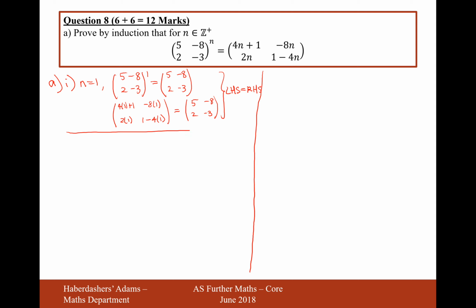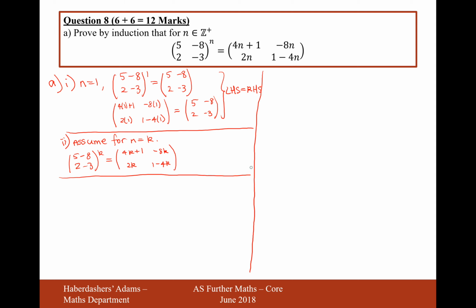Okay, next step, let's now assume true. So assume true for n equals k. So therefore, (5, -8; 2, -3) to the power of k will equal 4k plus 1, minus 8k, 2k, and 1 minus 4k.